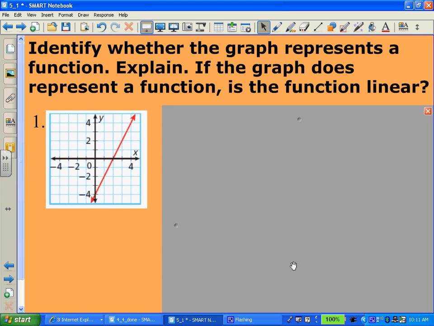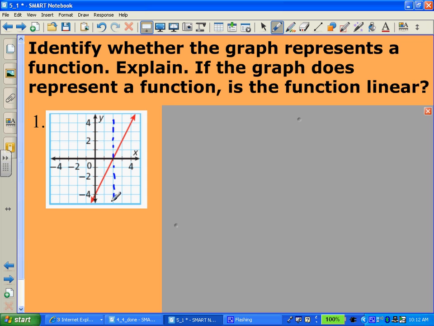Okay, now when we're doing this, you have to answer two questions, and the instructions above tell you those two questions. The first one is, is the graph a function at all? And if it is, is it a linear function? Okay, so if you'll remember from Chapter 4, to tell if a graph is a function, all we do is perform the vertical line test.